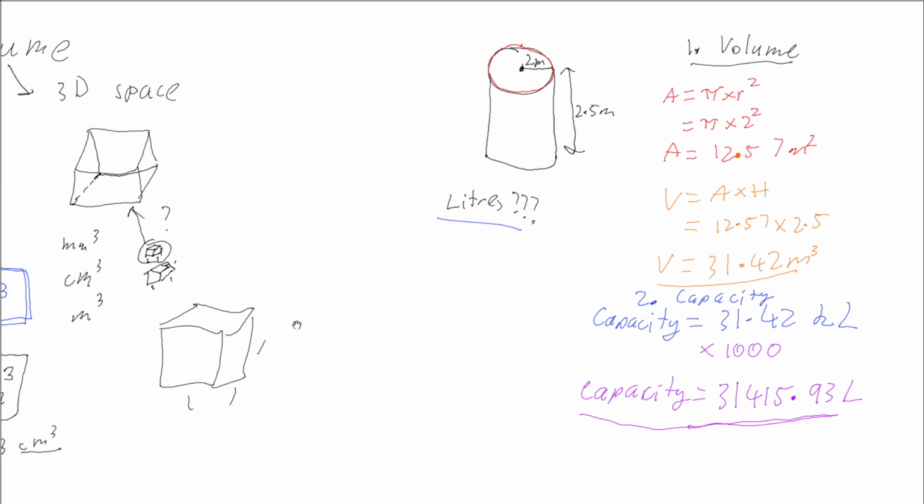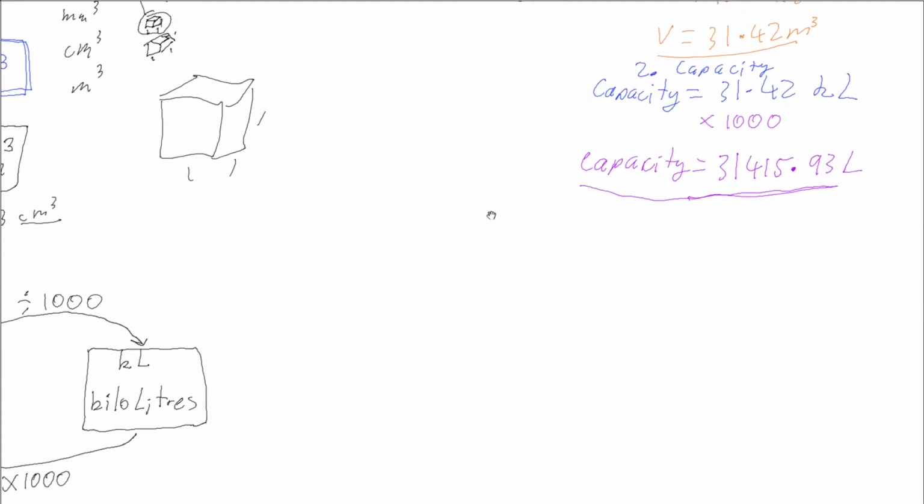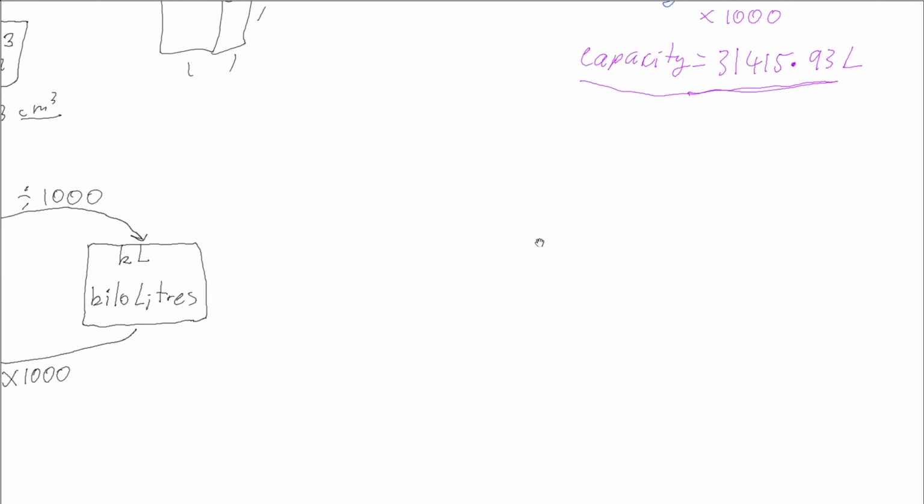So if I just want to do another example, let's have a look, say, if I have a rectangular prism, let's say it's a box of some description. Maybe it could be a very simplistic swimming pool, I don't know, but we're going to have to do a box because I'm going to do this in smaller units.